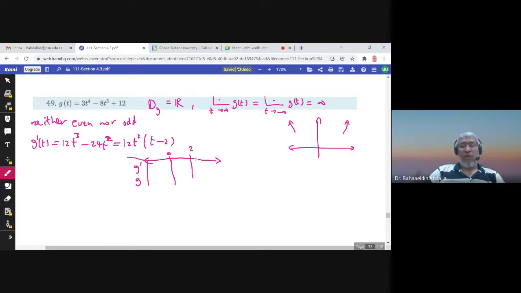So if I choose a number greater than 2, like 3, this would be positive. Between 0 and 2, this would be negative. Less than 0, since 0 is a zero of multiplicity 2, this would be negative. So decreasing, decreasing, and increasing. You can find more about the signs in the first two parts of this section.